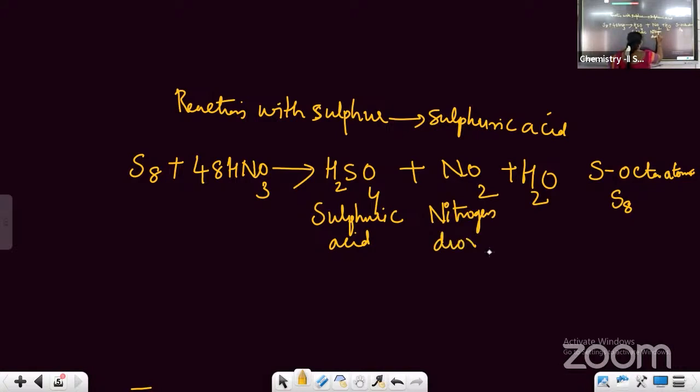So why have we taken sulfur as S8? Because we know that the molecule of sulfur is octaatomic, meaning one molecule of sulfur contains 8 sulfur atoms. That is the reason we have taken S8. So this is nothing but sulfur only. So this is your sulfur in the molecular state. Okay, students, come on, copy down this reaction with the sulfur.